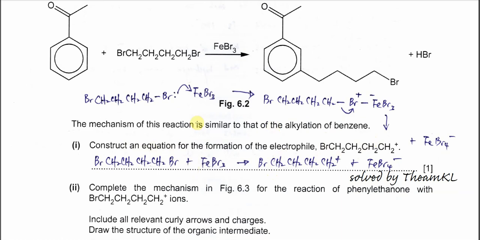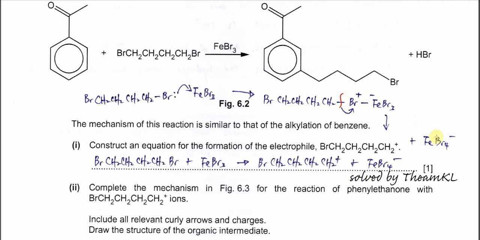It's actually one of the bromines that will donate its lone pair to the catalyst, this FeBr3, and eventually it will form this intermediate. So the C-Br bond will break, and the 2 electrons will move to the bromine, and eventually it will form this FeBr4 negative.